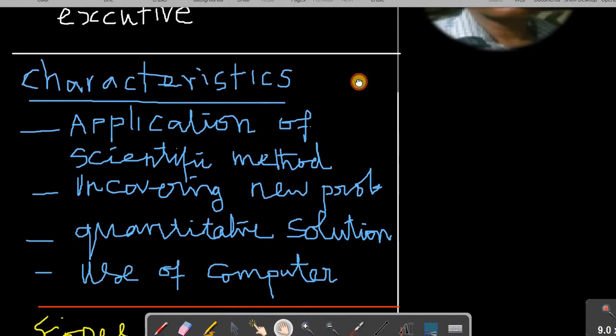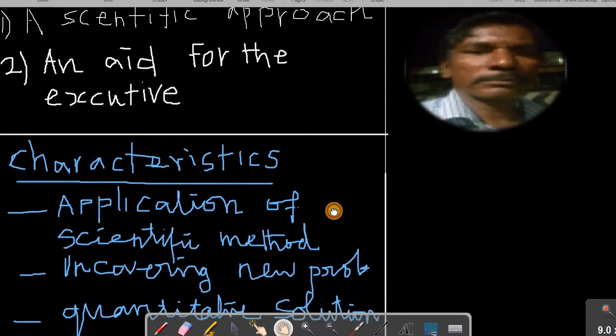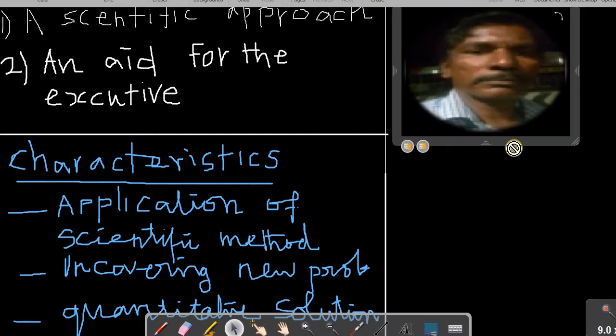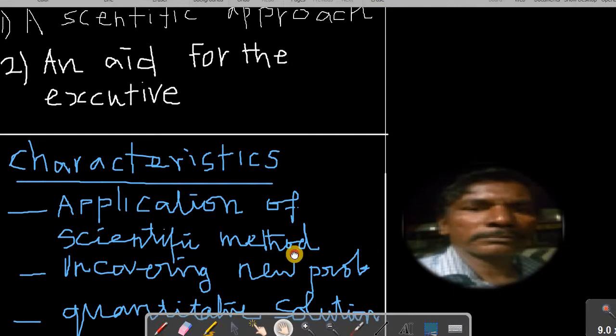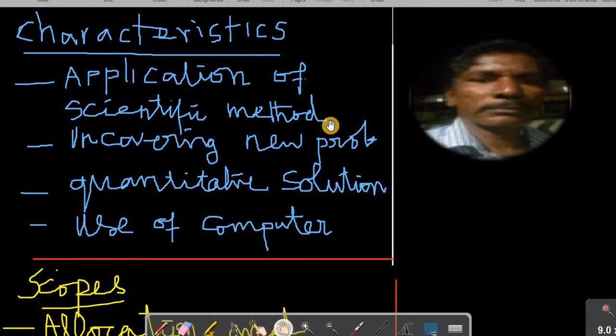Now let us look at the characteristics of operation research. The first characteristic is the application of scientific method.